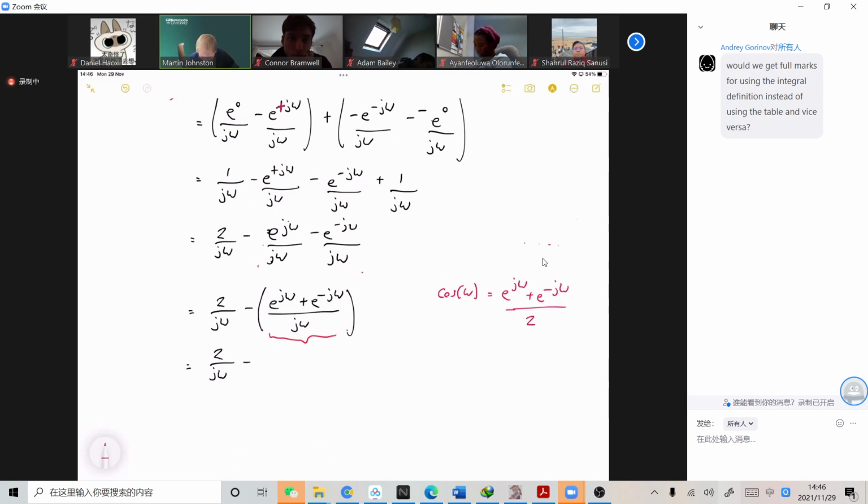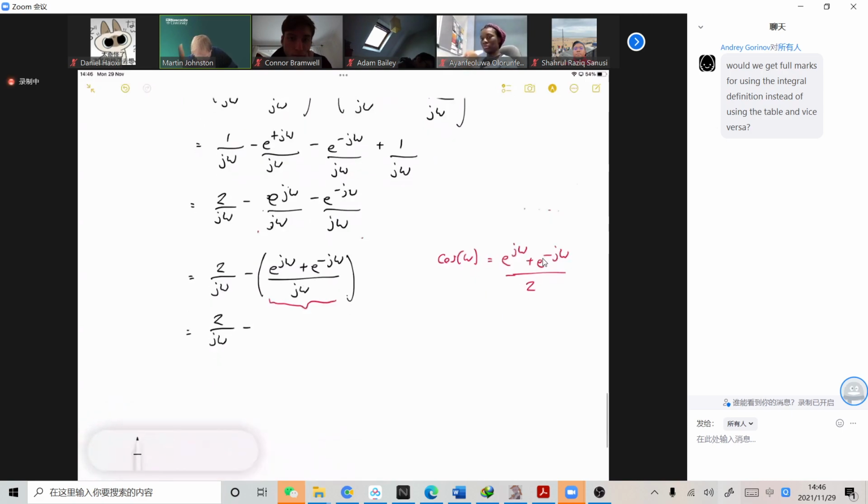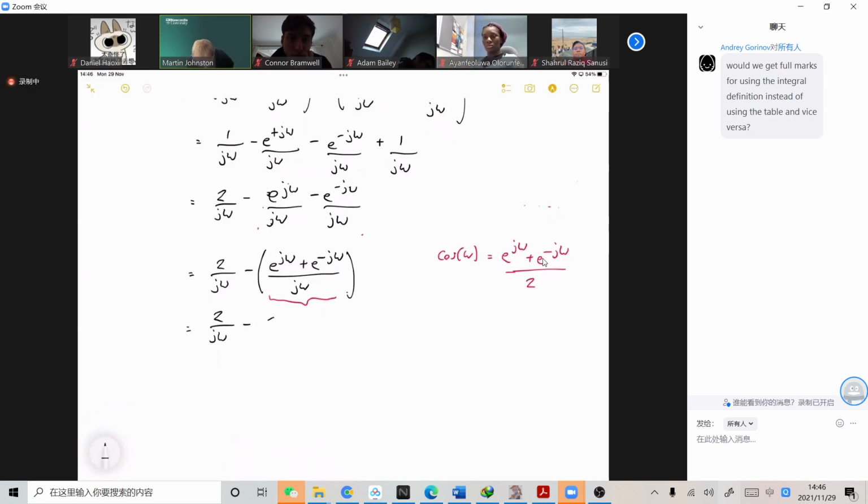So you can see that we can actually replace that exponential term with 2 cos omega over j omega. Basically what I've done is multiply both sides by 2.